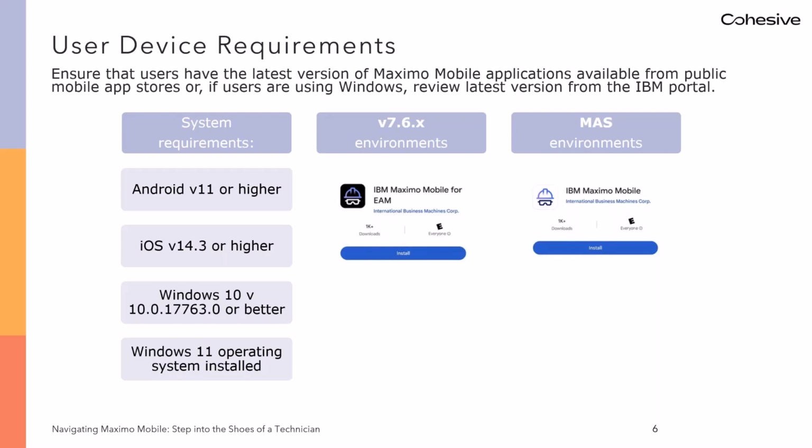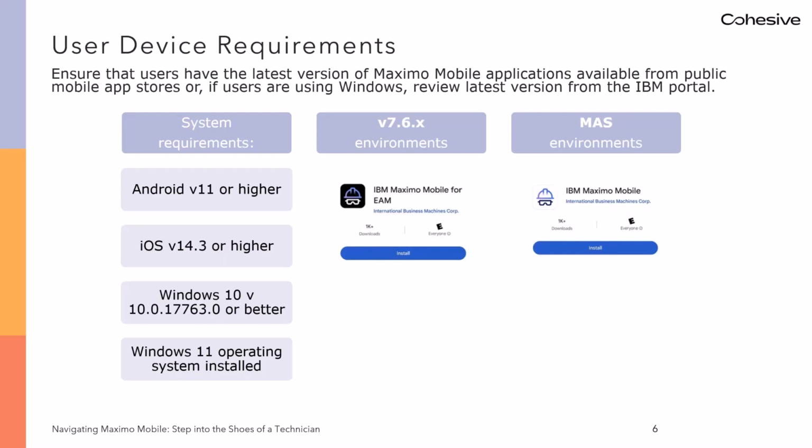And if you are in a MAS environment, look for the white icon called IBM Maximo Mobile. I would also like to mention at this point that Windows users can install Maximo Mobile as well, but it's recommended to go to the IBM portal for the latest info.